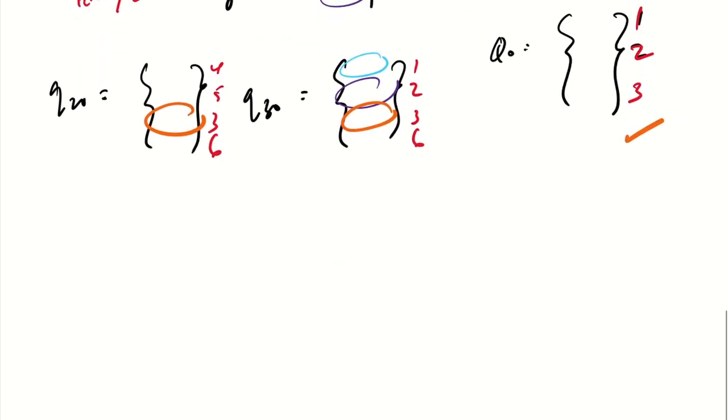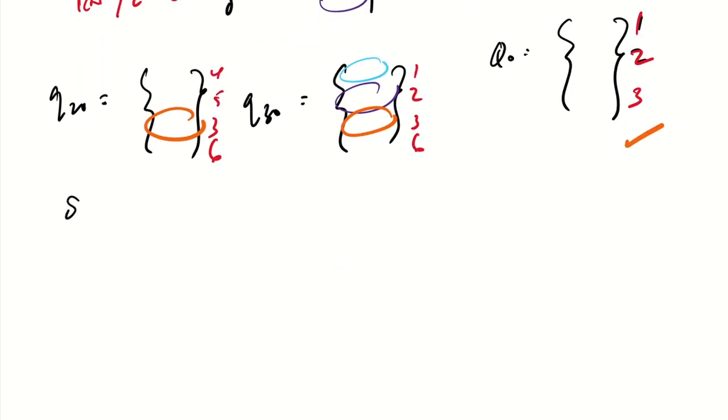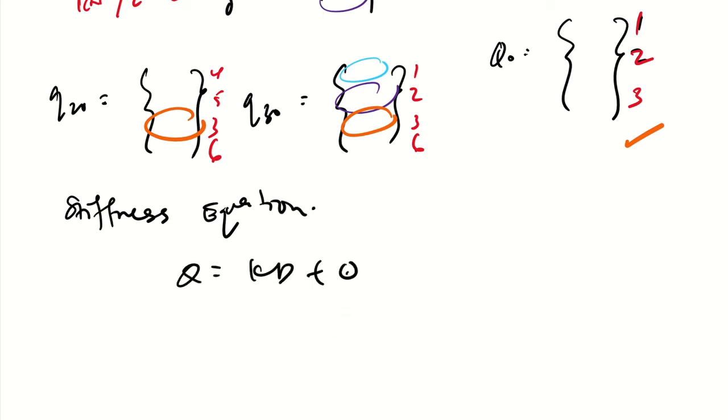So the stiffness equation will be equal to Q is equal to KD plus Q naught. Remember this one for truss.